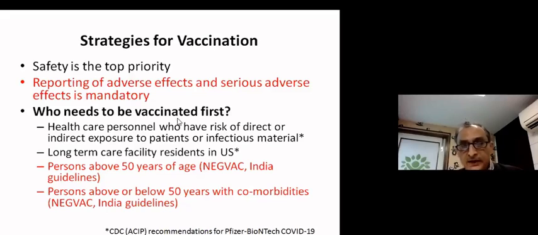So we have to see that our protocols are in place. We have to report the adverse effects, and serious adverse effects reporting is mandatory. Normally, in a clinical trial, we report only serious adverse effects, within 24 hours.